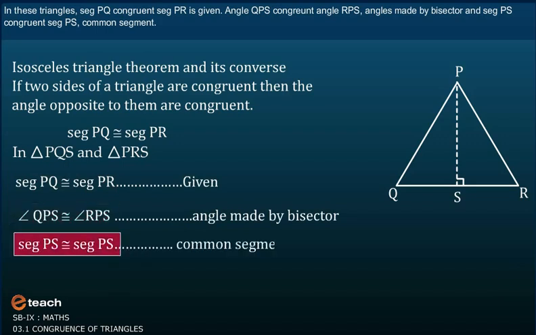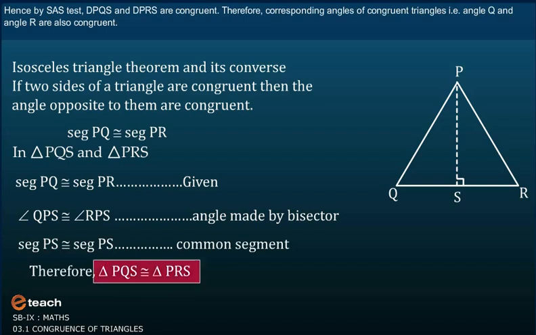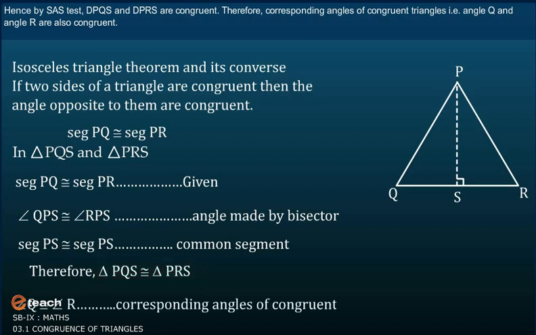And segment PS is congruent to segment PS, a common segment. Hence, by the SAS test, triangle PQS and triangle PRS are congruent. Therefore, corresponding angles of congruent triangles, that is, angle Q and angle R, are also congruent.